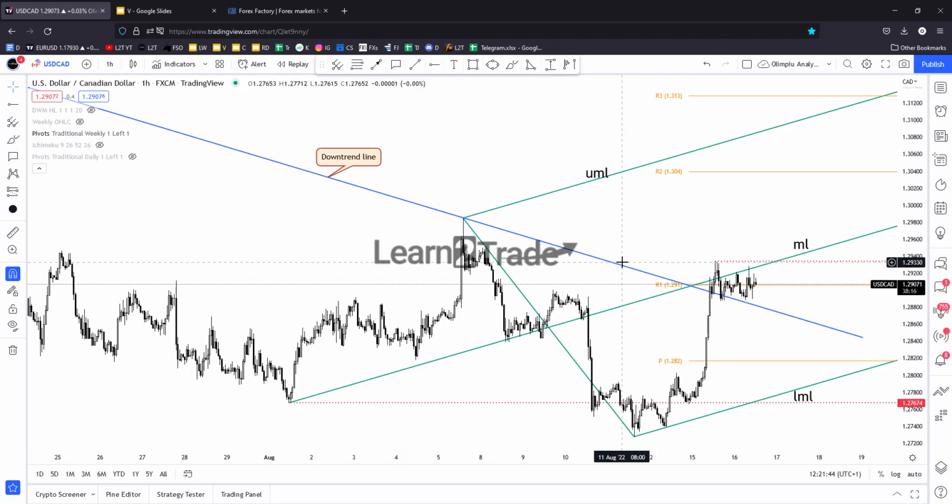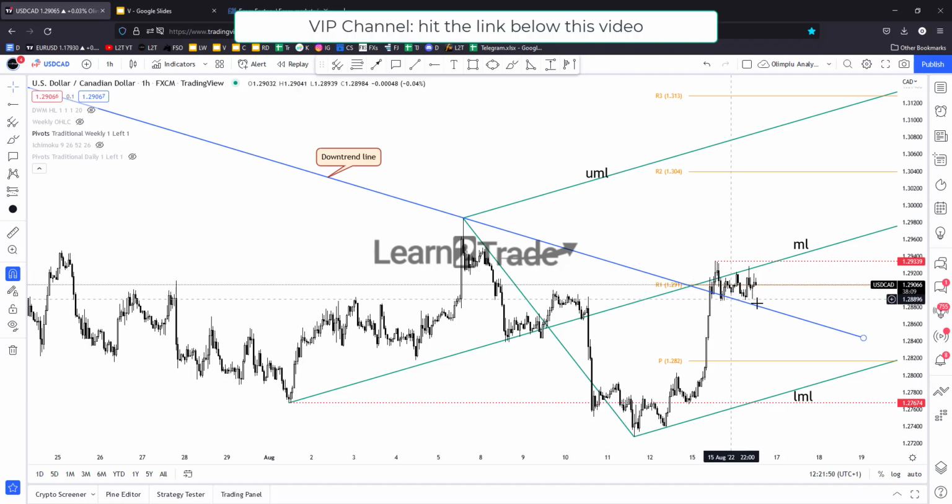Right now the price of US dollar versus the Canadian dollar has managed to stabilize above the downtrend line, but it has found resistance here at the medium line, and it continues to move sideways around the weekly R1 at 1.2910.